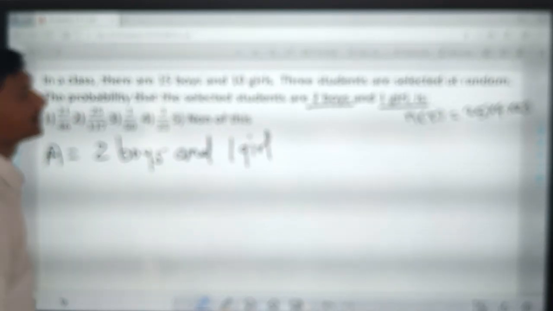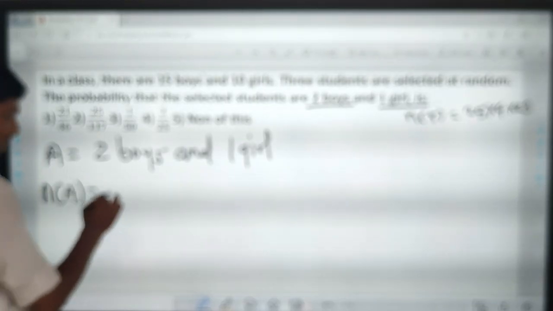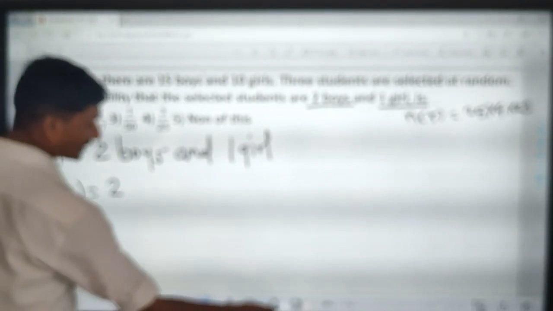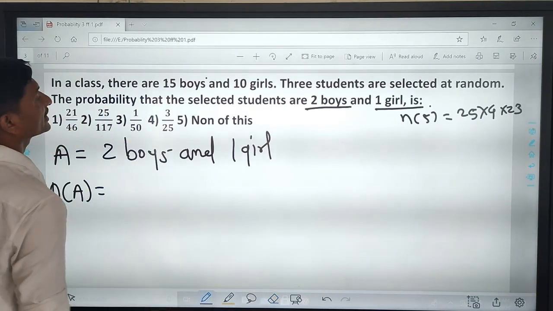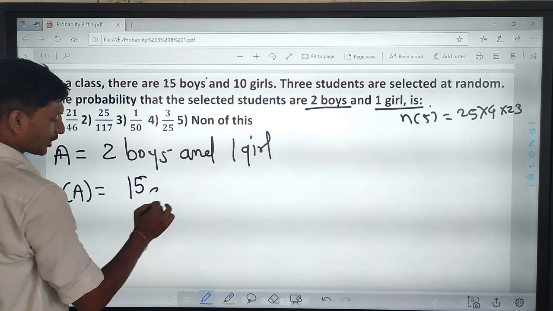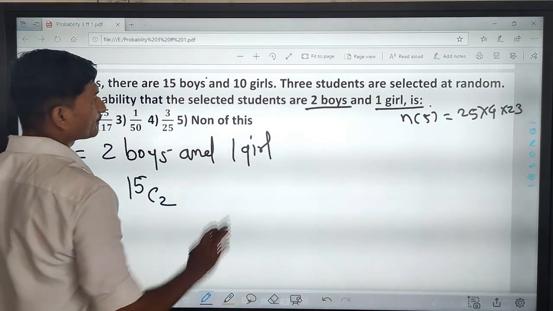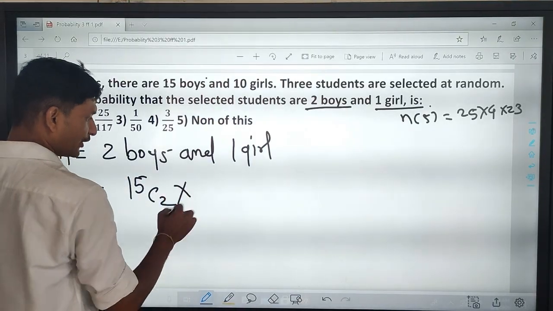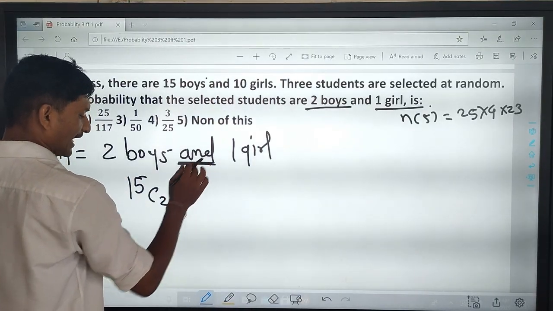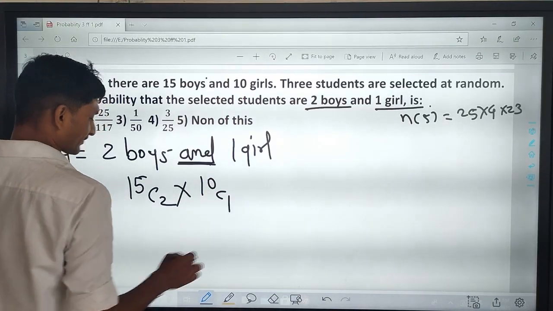Then n of A is equal to 2 boys selected from total 15 boys, 15C2, and 1 girl selected from 10 girls, into 10C1.